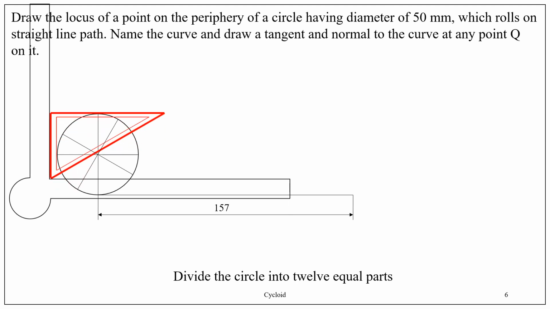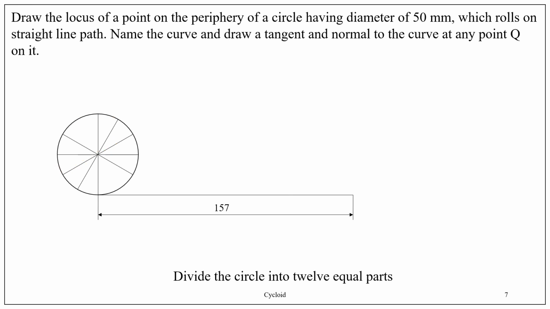Now coincide the shortest edge of the set square with the vertical scale of the mini drafter and draw a line passing through the center of the circle using the longest edge of the set square like this.